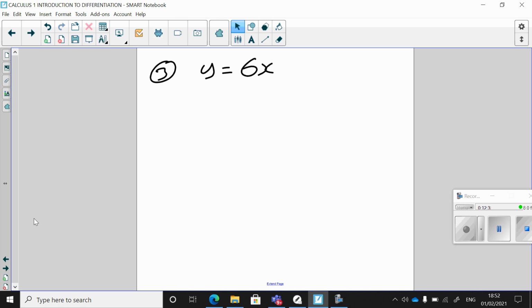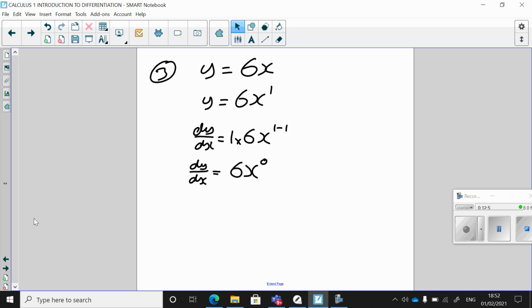Okay, y equals 6x. Well, this is a wee bit different. It doesn't appear to have a power, but actually the power is 1. The single x on its own has power 1. So it fits the template ax to the n. Bring the 1 down in front and multiply the 6 and reduce the power by 1. Okay, so that gives you 6x to the 0. You might think that's fine, but the answer up the back of the book wouldn't be the same as that.